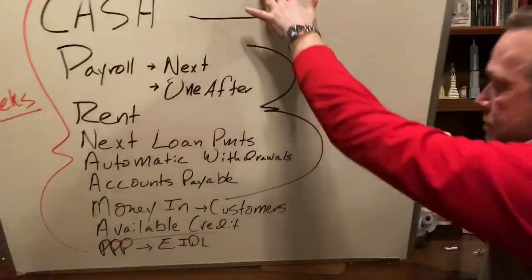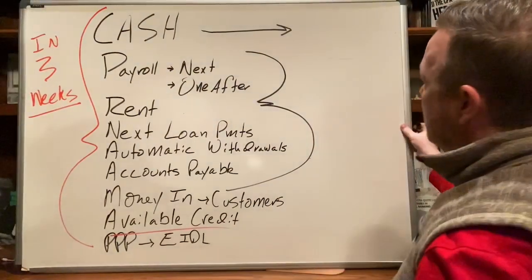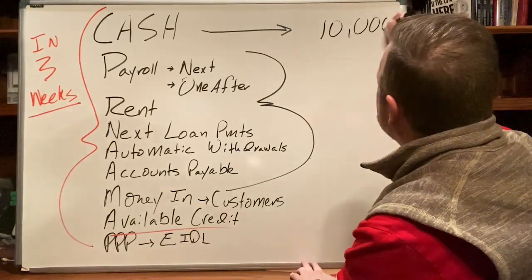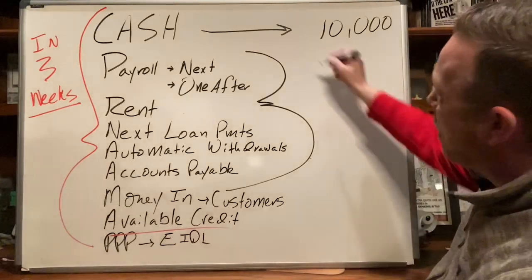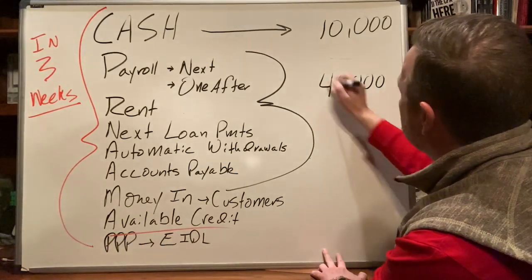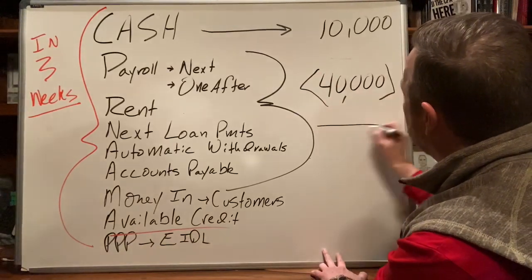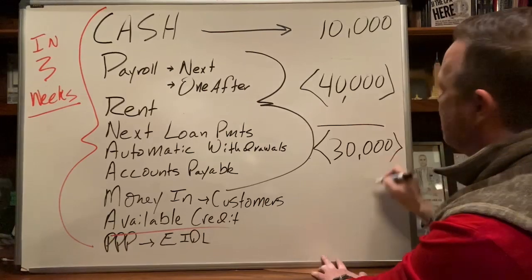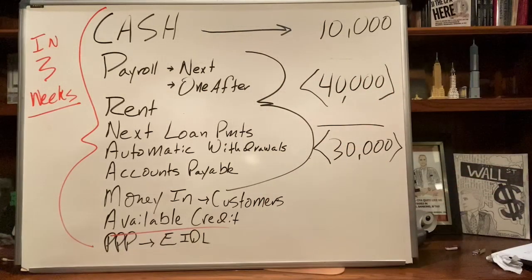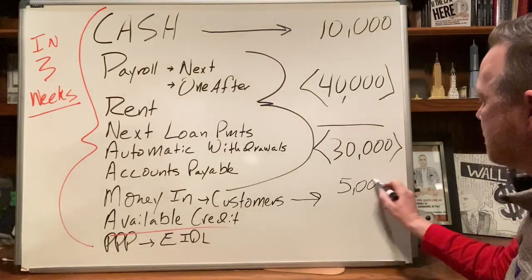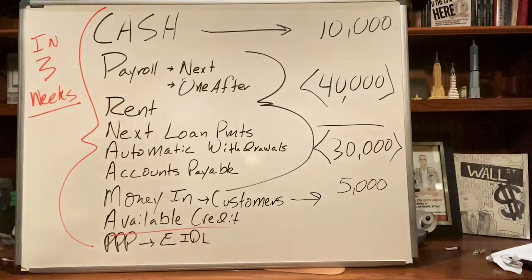Okay? So let's just say that your cash position is 10,000. Okay? And all this right here is 40,000. You're negative 30,000 in the next 3 weeks, assuming all that happens. Okay? Money coming in from the customers, let's say it's 5,000. Okay?